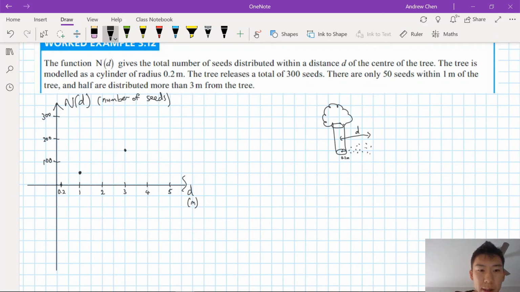So after 3 meters, we don't know how the seeds are going to be distributed, right? But we know that eventually the tree is going to release a total of 300. So the graph is going to hit 300 eventually. We just don't know when, right? That's from the information we got.